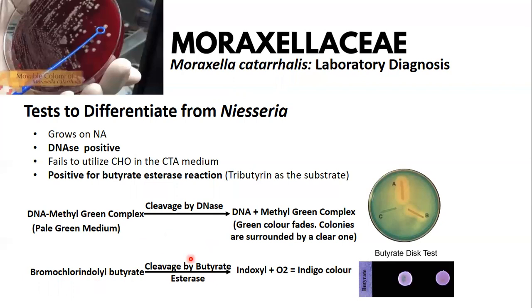Once butyrate esterase is produced by Moraxella catarrhalis, it cleaves bromochloroindolyl butyrate into indoxyl and oxygen, resulting in the appearance of an indigo color. Again, the substrate is bromochloroindolyl butyrate. Sorry for the tongue twister. And in the presence of butyrate esterase, it can be cleaved to indoxyl and oxygen, resulting in an indigo color.